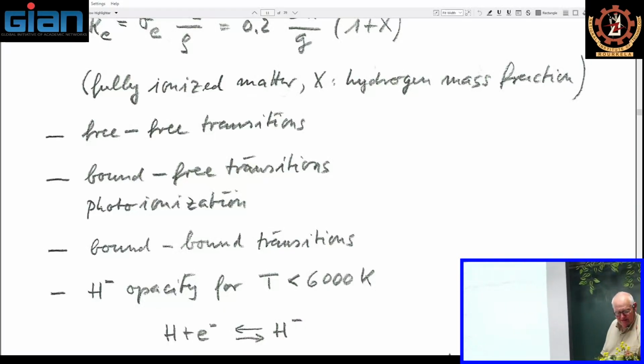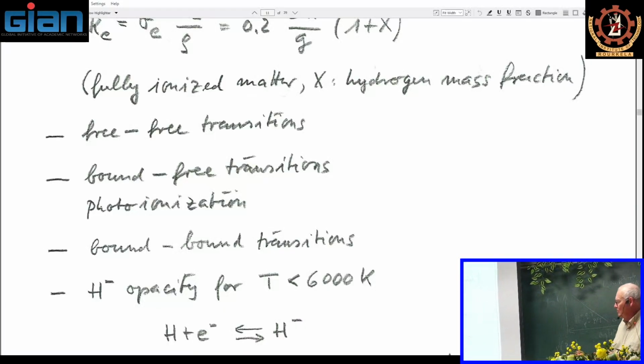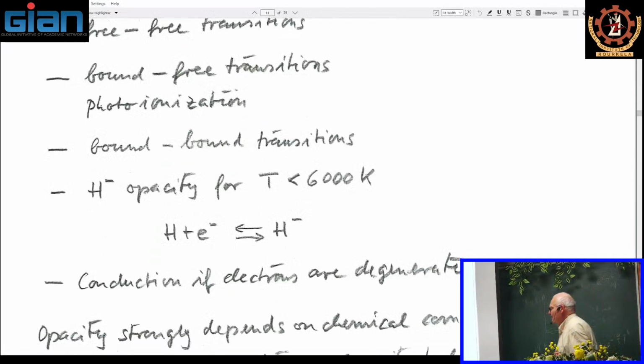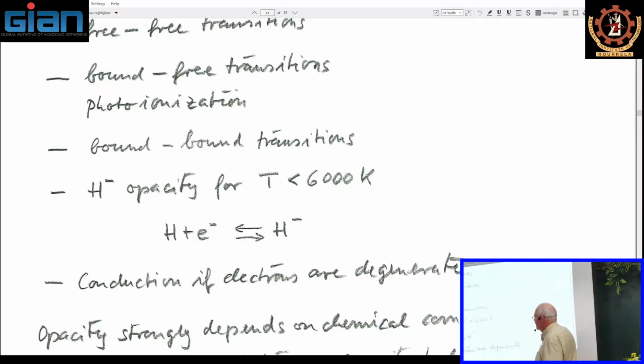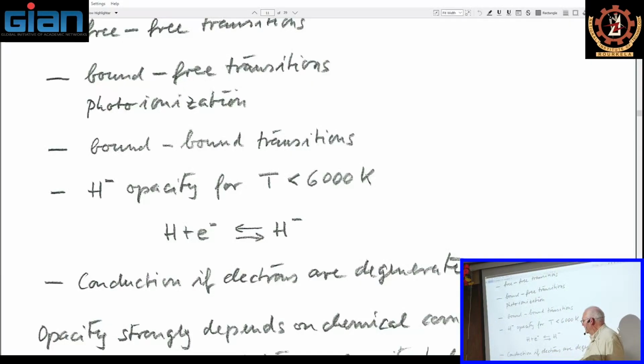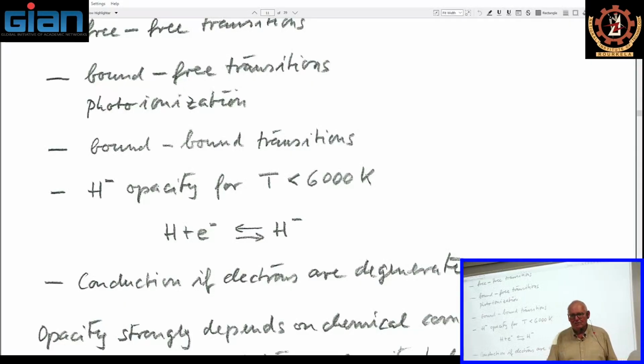Then there is a process which is important for low temperatures in stars, which is the so-called H- opacity. It is the process that a neutral hydrogen atom catches an electron and goes to an H- ion.